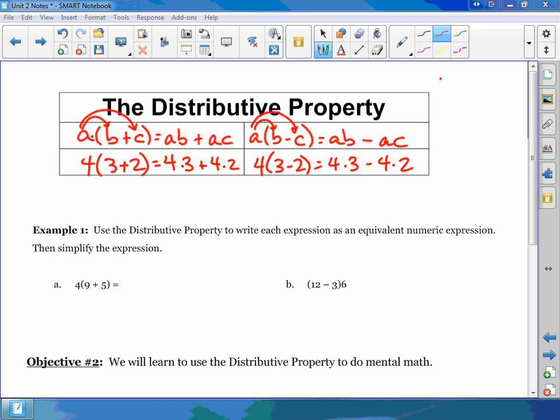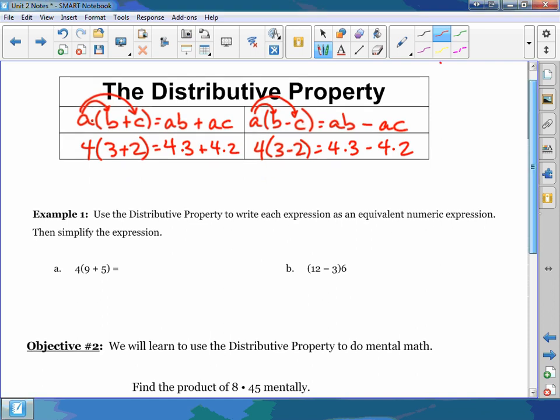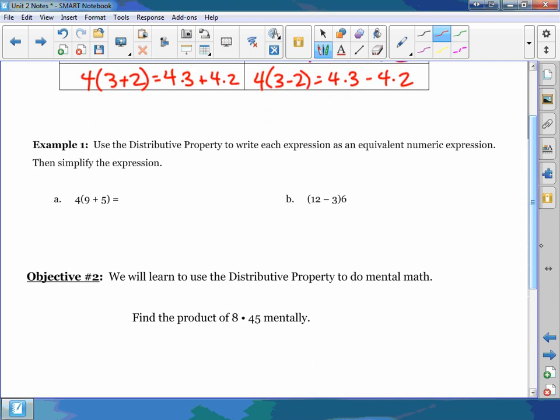Okay, so looking at letter A here, I called it example 4. I don't know why. It's example 1. I already lost track of the numbers here. So example 1, you have 4 times this quantity, 9 plus 5. Now, if I said follow the order of operations to do this problem, you're, of course, going to do 9 plus 5 first and then multiply that times 4. But if we're going to use the distributive property to do this, we're saying an equivalent expression to that would be to take 4 times 9 and distribute it also to 4 times 5.